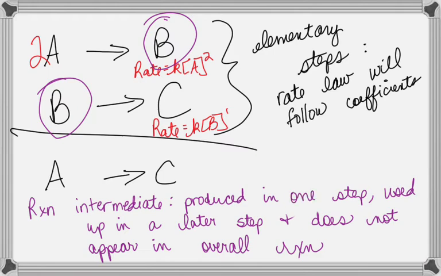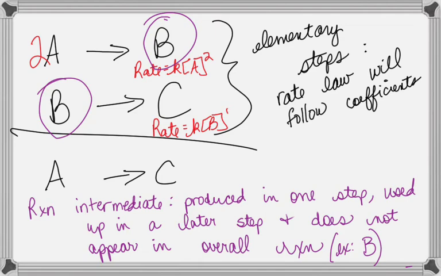Reaction intermediate: produced in one step, used up in a later step, and does not appear in the overall reaction. And so in this example, B is your intermediate.